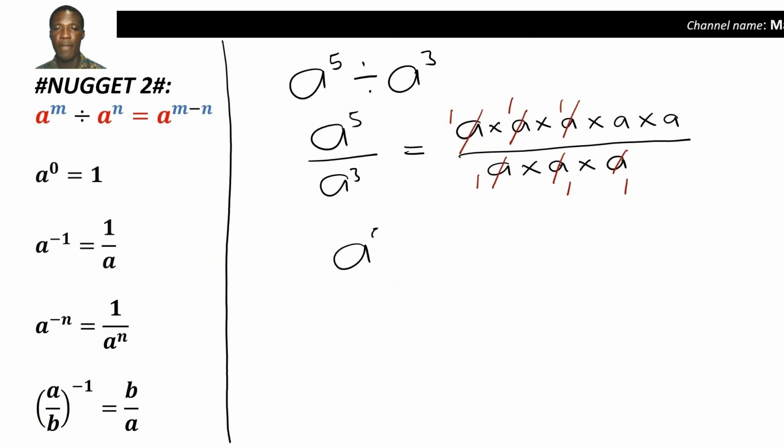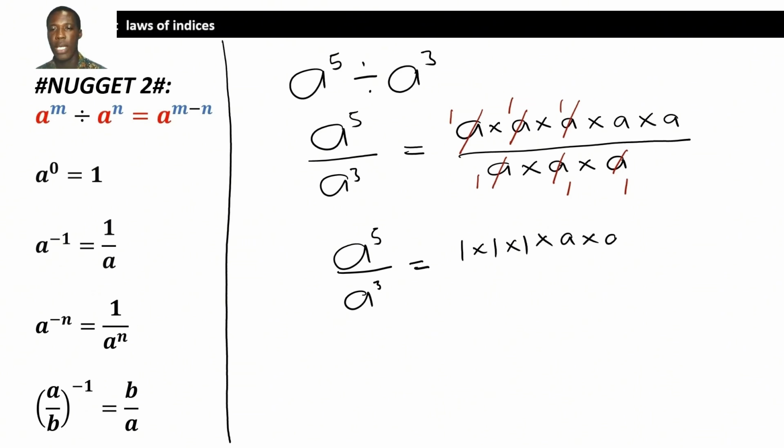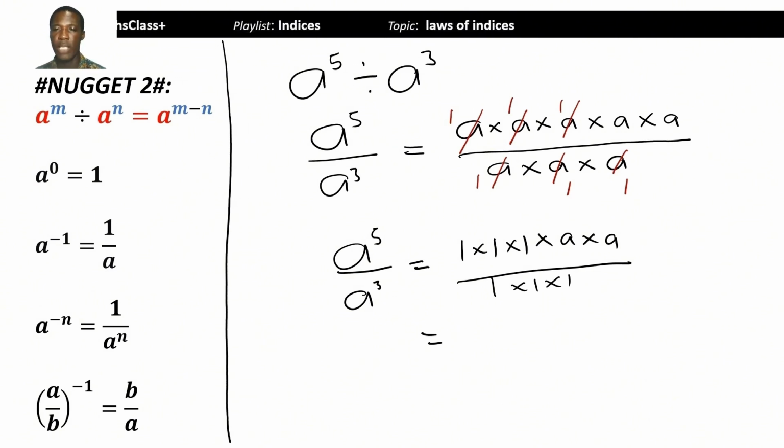So a to the power 5 divided by a to the power 3 gives us 1 times 1 times 1 times a times a, divided by 1 times 1 times 1. And this gives us 1 by 1 by 1, which is 1, times a times a, which is a to the power 2, divided by 1.